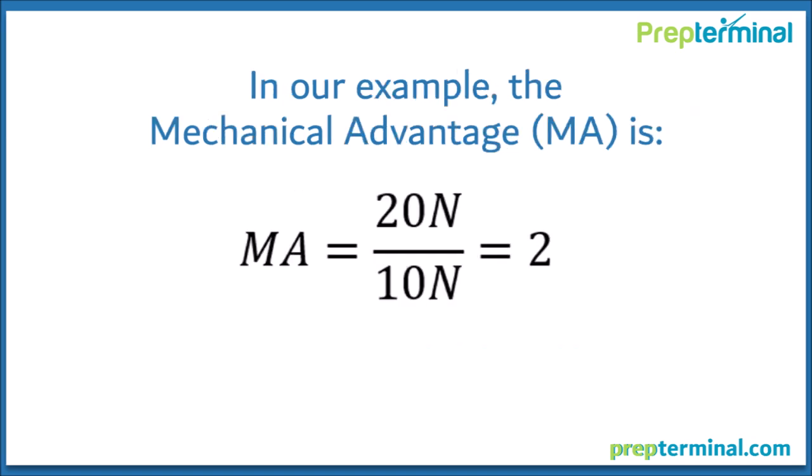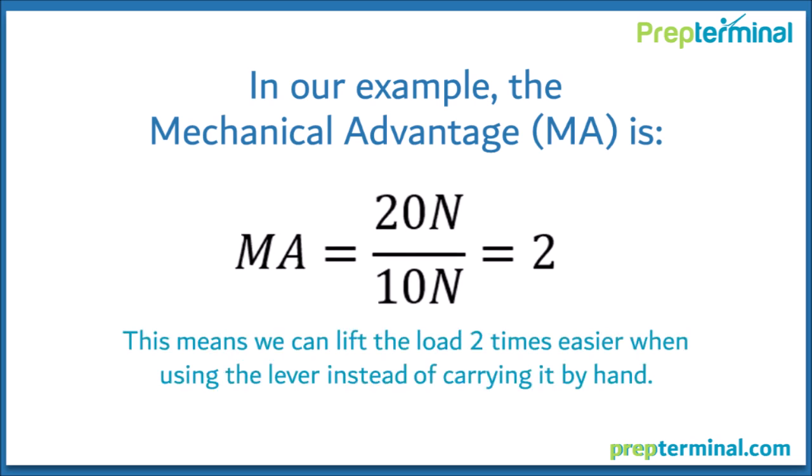In our example, the mechanical advantage is MA equals 20 newtons divided by 10 newtons, which equals 2. This means we can lift the load 2 times easier when using the lever instead of carrying it by hand.